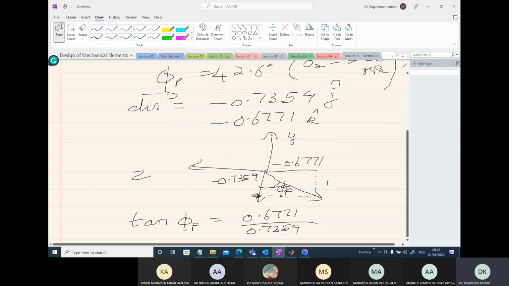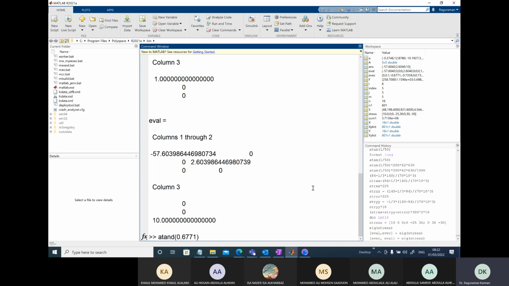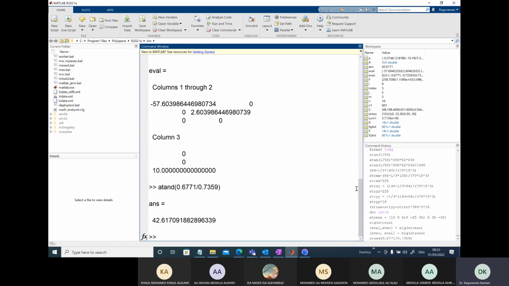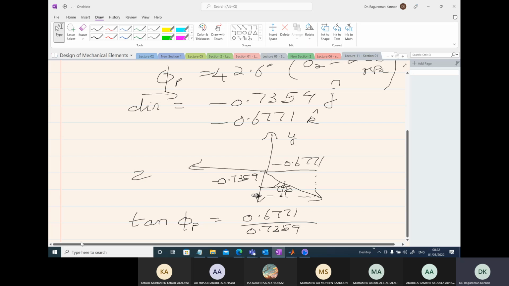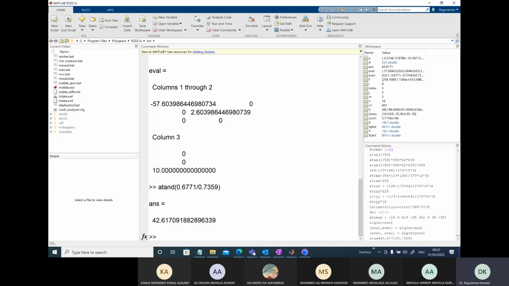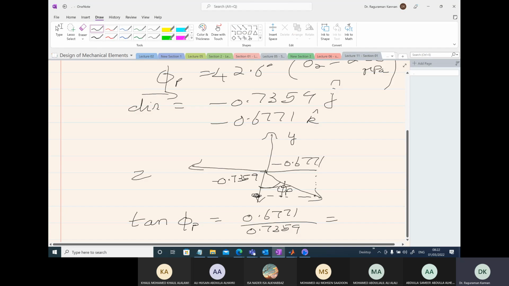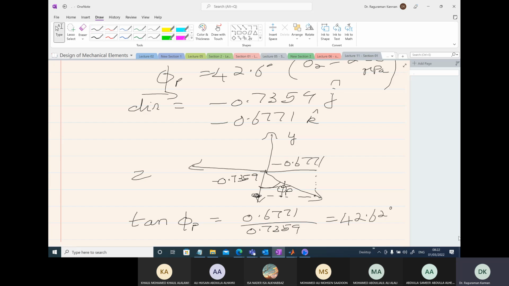Let's go back. And 0.6771 over 0.7359. So let's see here. We get the same angle, 42.6 degrees. With respect to y-axis, we get the same angle, 42.62 degrees. Okay.